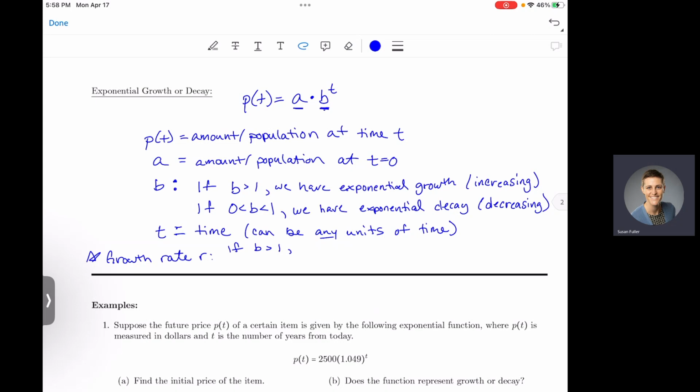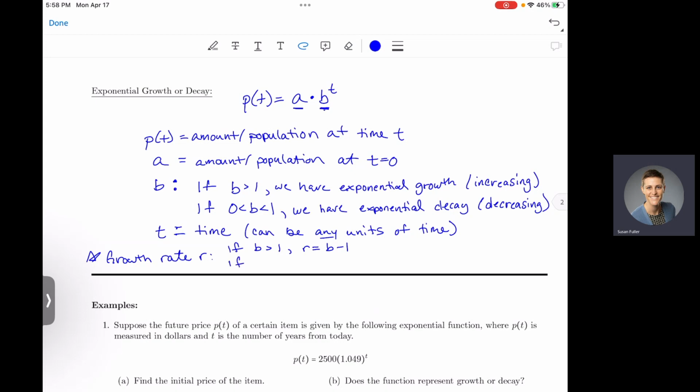We're in exponential growth. Then to find your R value, you're going to take B and subtract 1 from it. That's going to tell you how much bigger than 1 your B value is, and that will tell you how fast it's increasing.